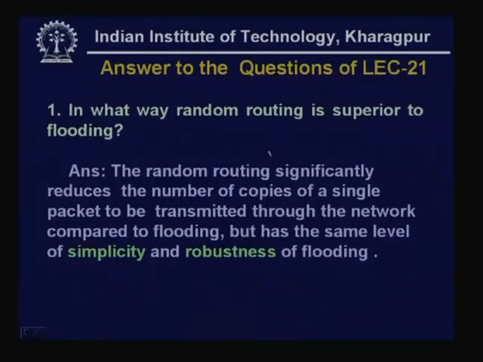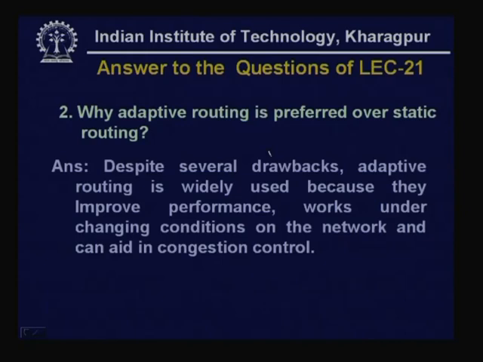That means random routing reduces the traffic, but has the same characteristics like simplicity and robustness of flooding. That is why random routing has some advantage over flooding.